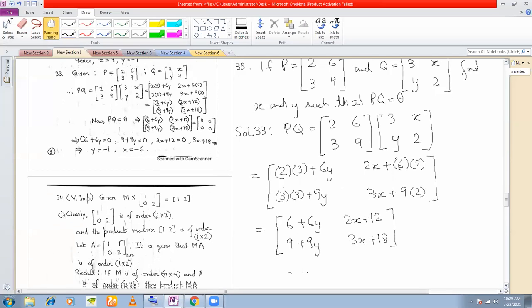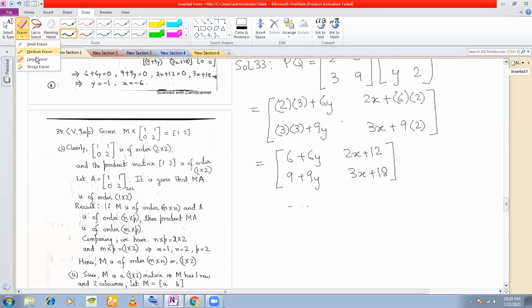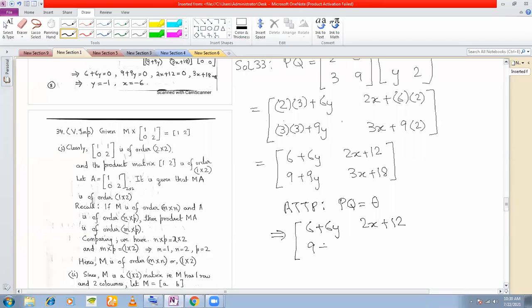Okay. So now according to the problem, PQ must be equal to a null matrix. PQ is this matrix, and a null matrix of order 2.